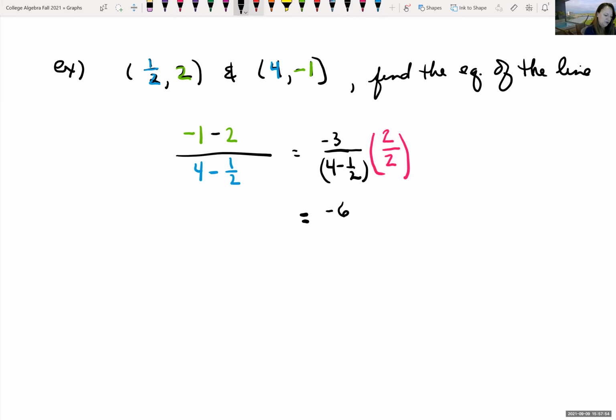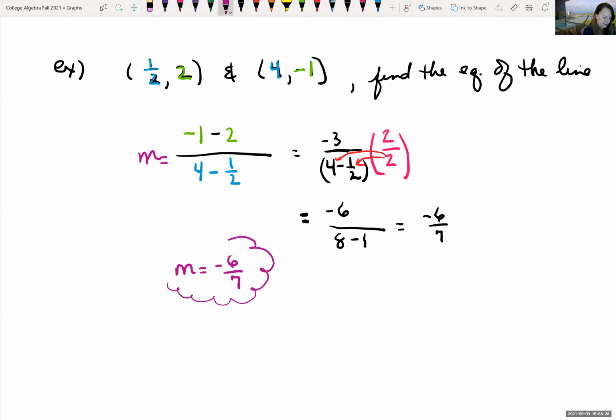I have to distribute this 2 to each term. So 2 times 4 gives me 8, minus 2 times 1/2, which is 1. So this gives me -6 over 7. Okay, so we found our slope to be -6/7.